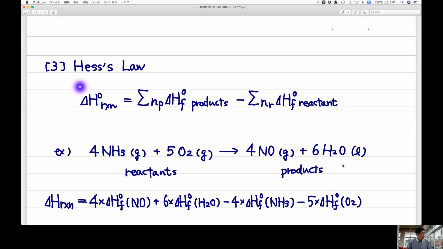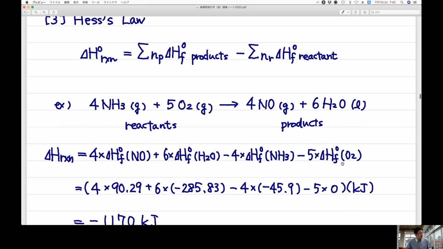So the enthalpy change of the reaction equals the sum of the standard enthalpy of formation of the products minus the sum of the standard enthalpy of formation of the reactants. For example, we would like to practice calculating the change of the enthalpy by the use of this reaction.